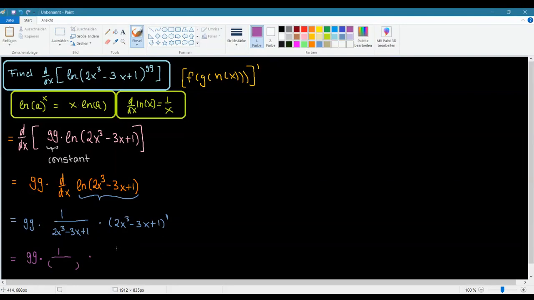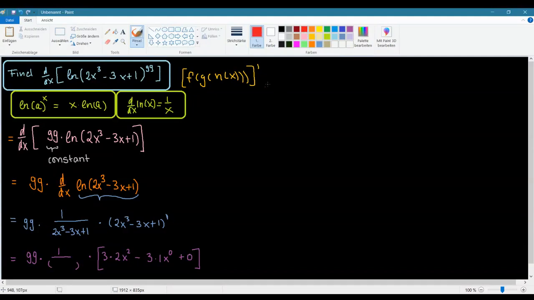So we're going to end up with 3 times 2x squared minus 3 times 1x to the 0th power plus 0. I'm only writing this out to make it super clear. When you know it, you can just do it in your head.